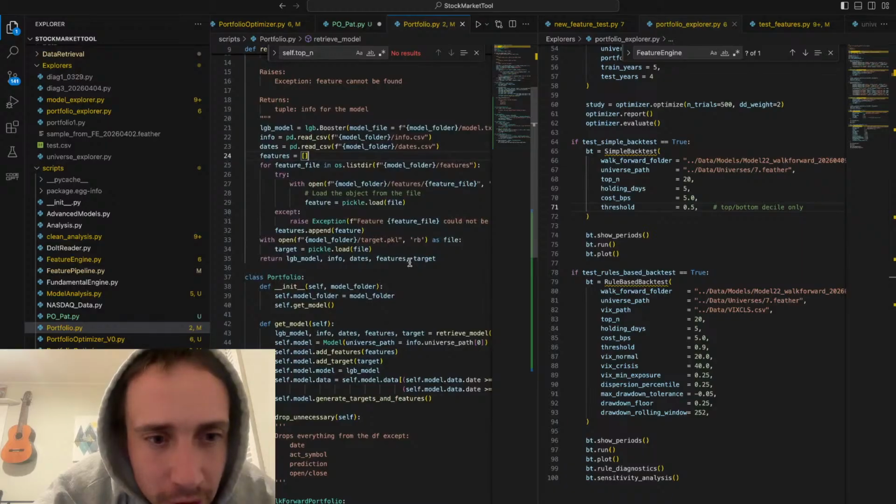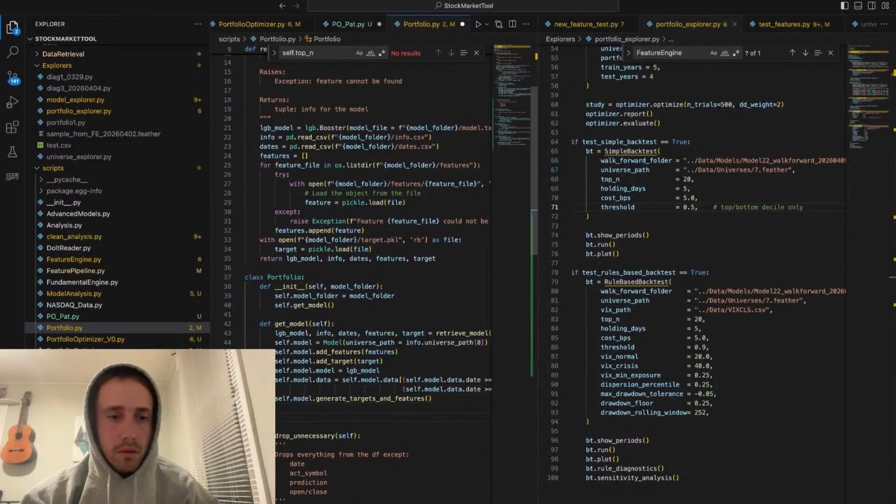So that I have the LGB model. This returns the LGB model. But before I can use the LGB model, I need to get the predictions.